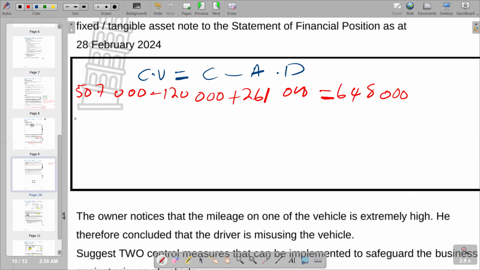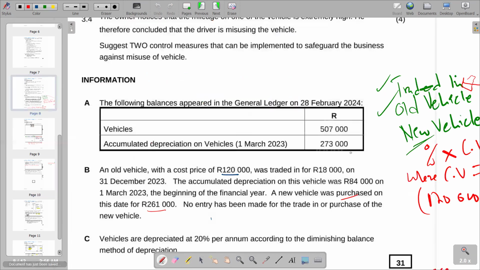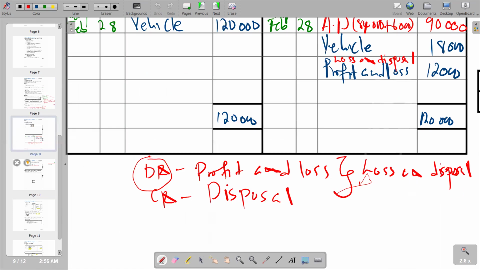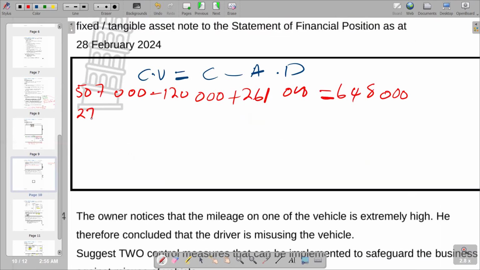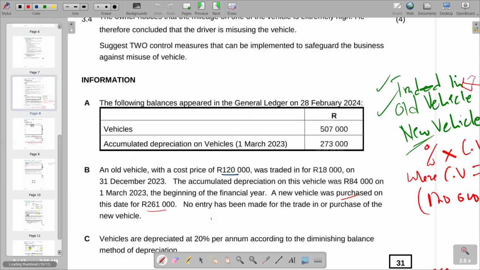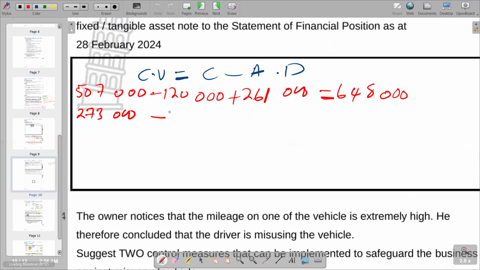Then accumulated depreciation. We are saying accumulated depreciation that we had at the beginning is 273,000, minus accumulated depreciation of the vehicle that is going out, which is 84,000. And then we subtract our 84,000.